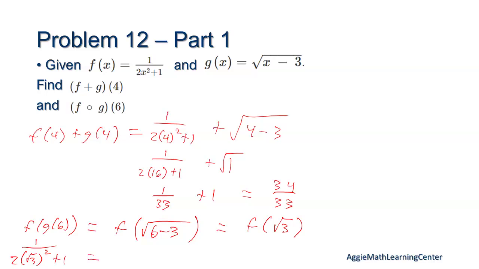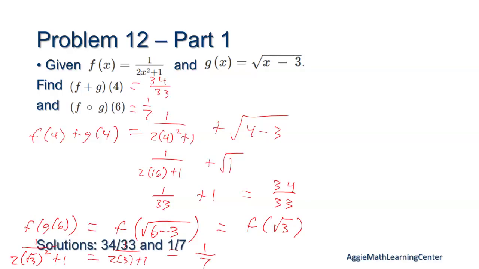That's going to equal 1 over 2 times 3 plus 1, which equals 1/7. And so your answer for this top one equals 34/33. That one equals 1/7. Any questions on how I got those values or in general?